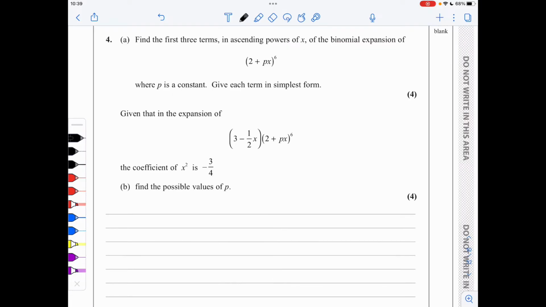In question 4, it's a binomial expansion question. We need to get the first three terms of (2 plus px) to the power of 6.